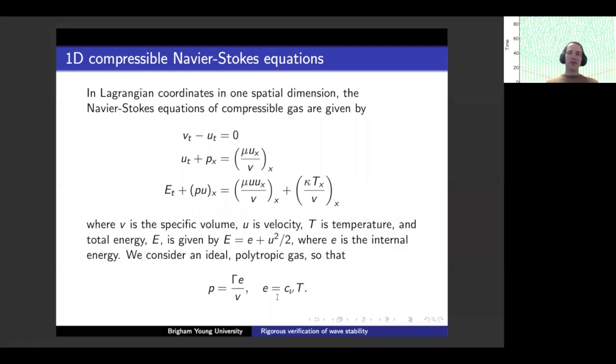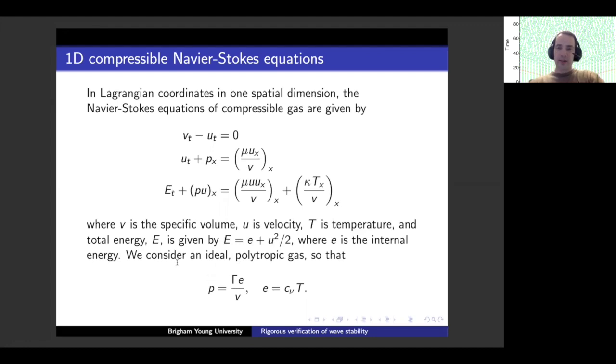So the equations we're looking at today are the 1D compressible Navier-Stokes equations. We're looking at them in Lagrangian coordinates. t corresponds to time and x to spatial location. v corresponds to specific volume, u to velocity. E is the energy. It's given by the internal energy, little e, plus velocity squared over 2.